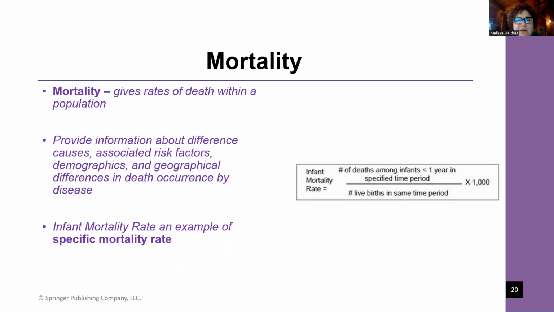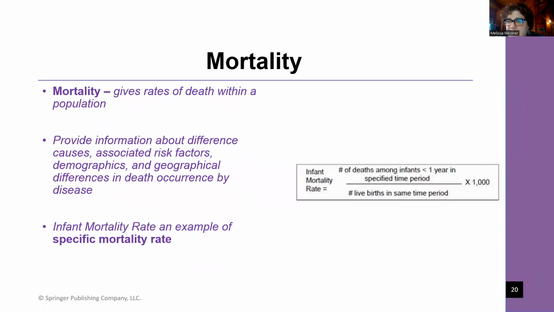Mortality gives the rate of death of a population. It provides information about the different causes, associated risk factors, demographics, geographical differences in death that occur by disease. This is an example. The infant mortality rate is something that we often hear, and this is what we call a specific mortality rate.